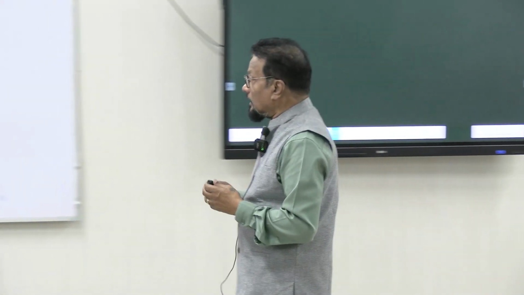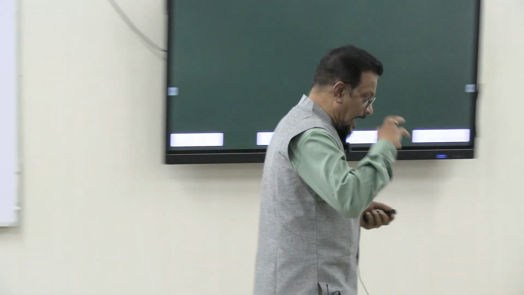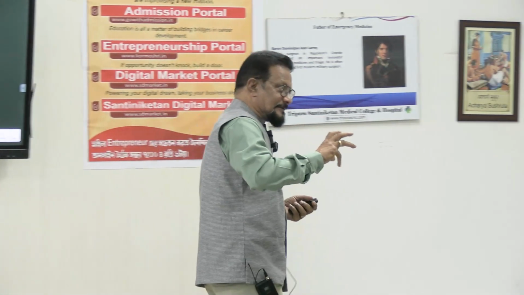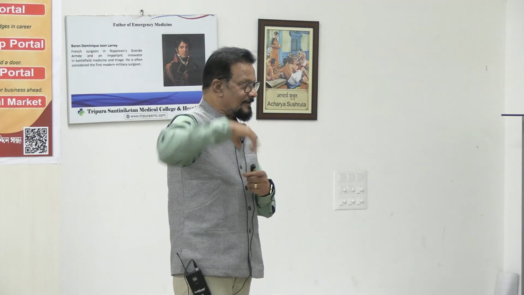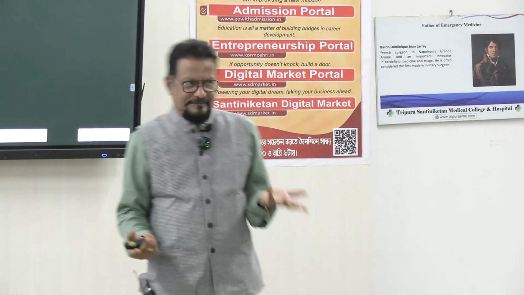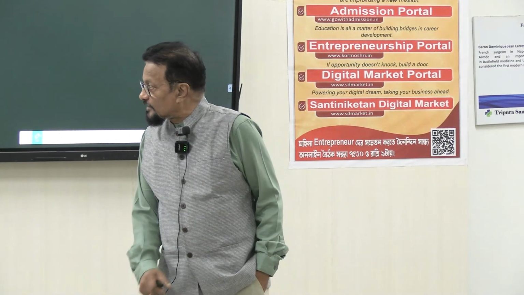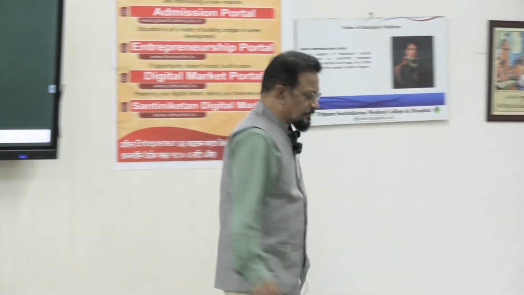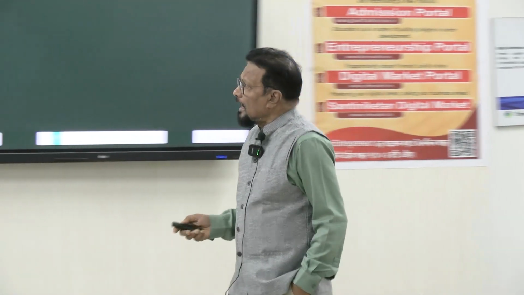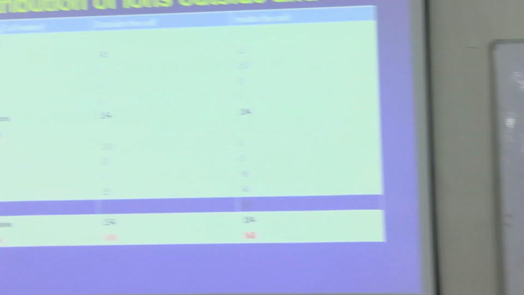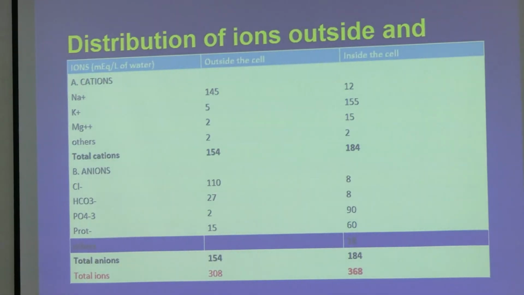So, we will see different ions contributing to the generation of resting membrane potential. There are sodium ion, potassium ion, chloride ion, and protein ions, and the equilibrium potential for potassium ion and sodium ion. So we have to study this. You see the distribution of ions inside the cell and outside the cell.